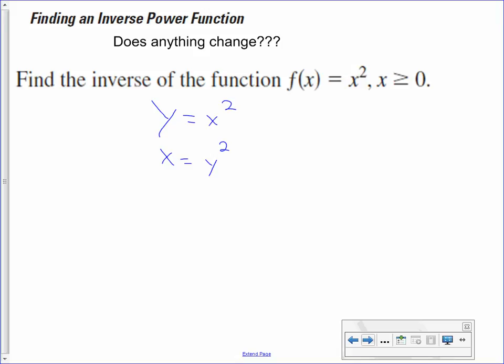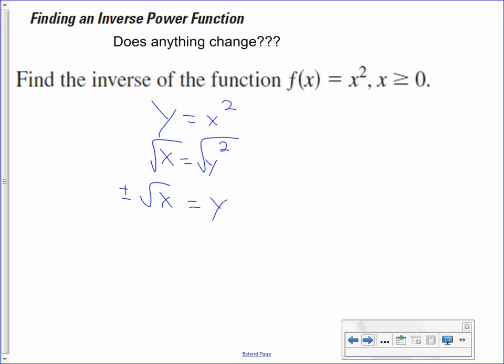Now, when you take the square root of y squared, what do you get? y and negative y. Remember, there's an equal sign here, so I have to use my plus minus. So the square root on both sides. This comes over because you can multiply or divide by the negative 1.